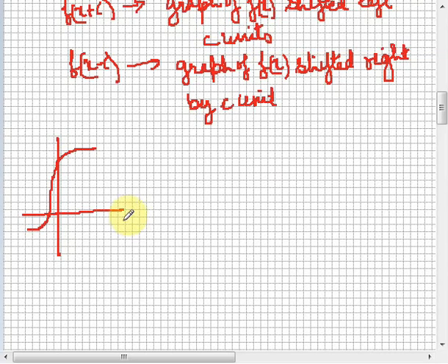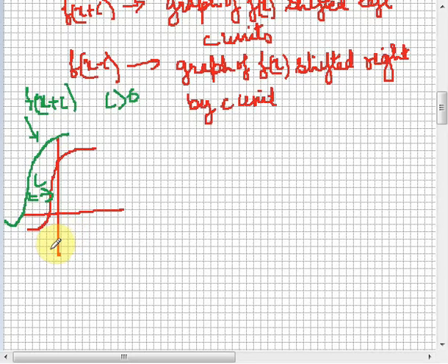Then what will be the graph of f(x plus c)? The graph of f(x plus c) means it will be shifted c units to the left side. So the graph will become like this. This is f(x plus c). This distance is c, greater than 0.